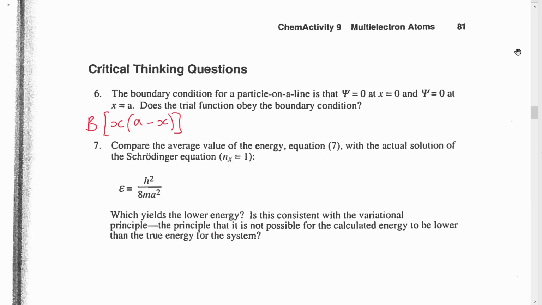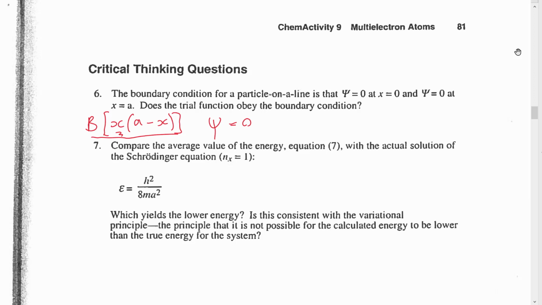So let's look at the critical thinking questions. I've written the trial function already, and the first question here says, does the trial function obey the boundary condition? Well, if we plug in x equals 0, we find that indeed, because there's a factor that is x in here, psi is equal to 0, and that means that indeed the probability is 0 that the particle is outside of the box at the position x equals 0.